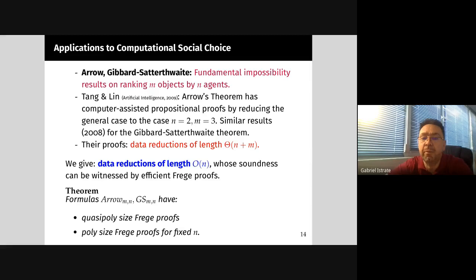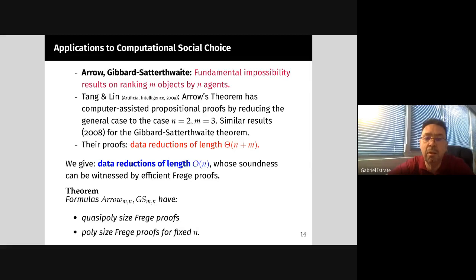We managed to make the reduction length depend on the number of agents only, so to eliminate the dependence on the number of objects. And these data reductions that we gave have soundness that can be witnessed efficiently by efficient Frege proofs.